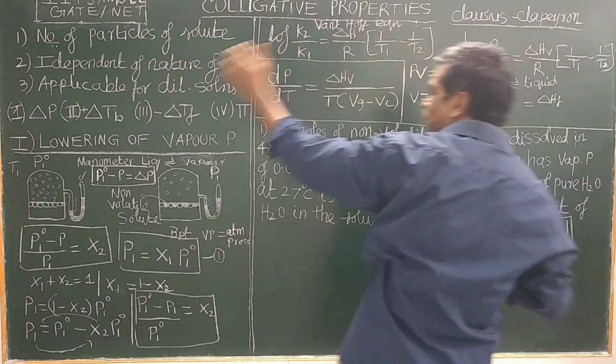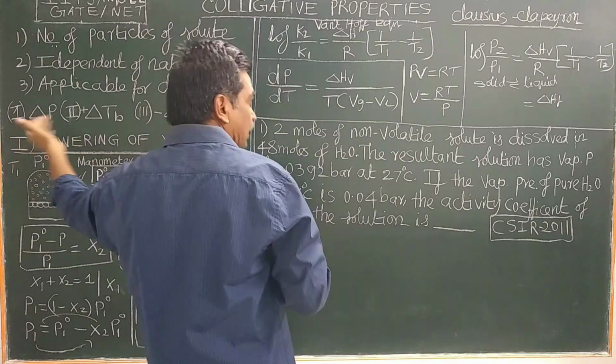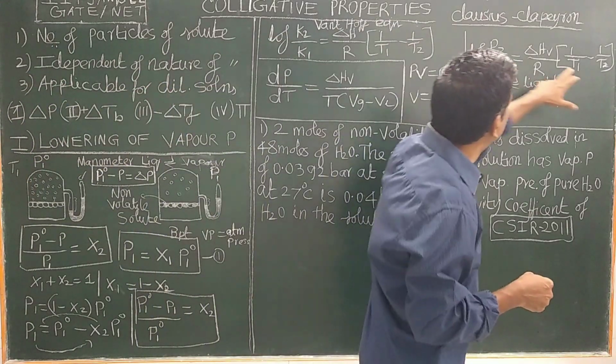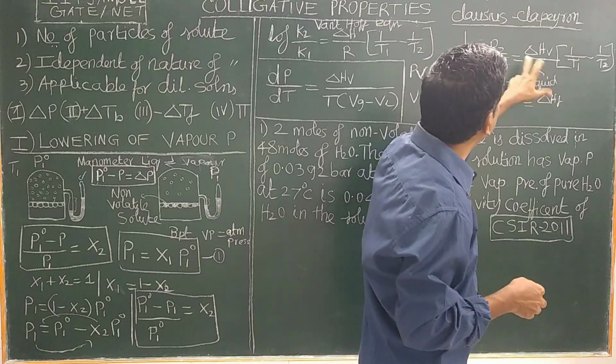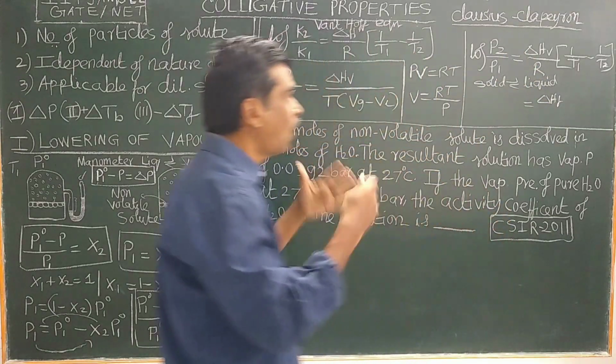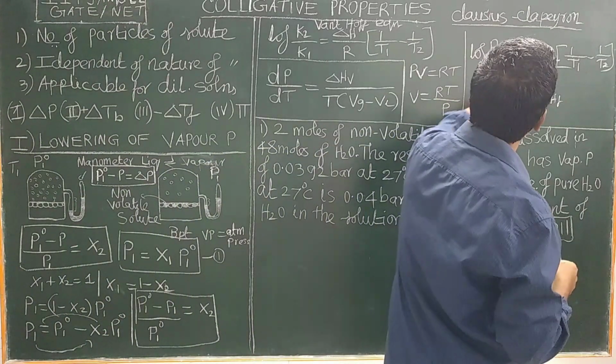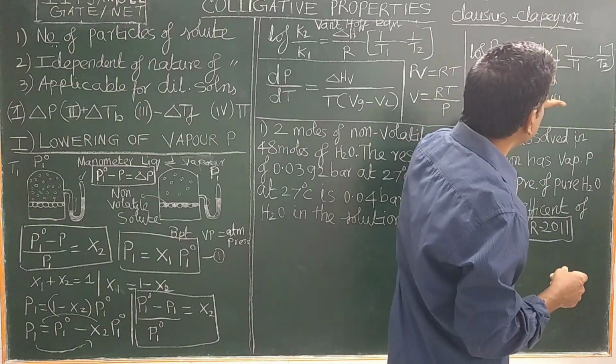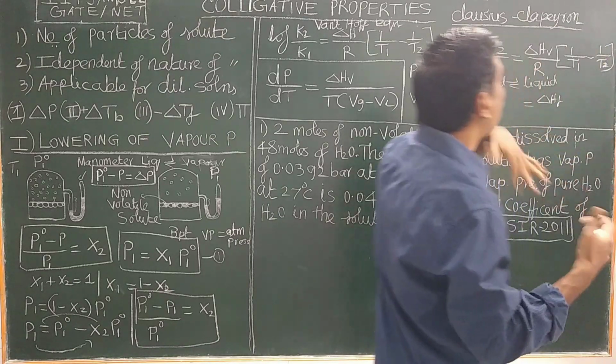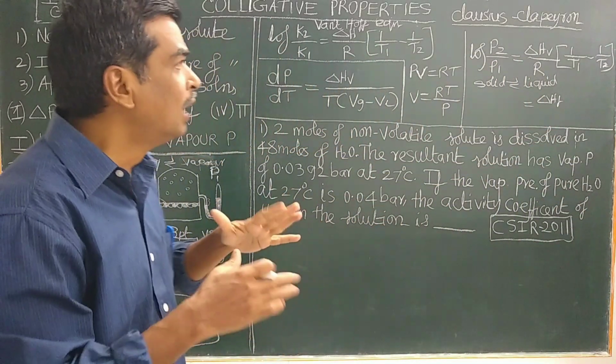At temperature T2, you increase or decrease the temperature, then you find the P2. Therefore, you can calculate. This is a common expression. For example, in the Arrhenius equation also, log K2 by K1 equal to EA, the activation energy, divided by R, times (1 by T1 minus 1 by T2). This is a common equation.